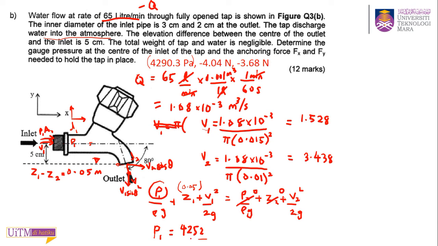Because of the decimal places, don't worry about that. So P1 is 4252.